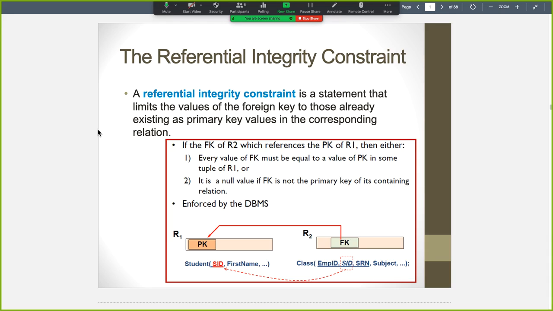So if you have a referential integrity or foreign key relationship, like what you see in this example, the student ID is put into this entity or table called class, right? If you look at this class, you have employee ID and SID. So you have a student ID put into the employee ID class of some sort.